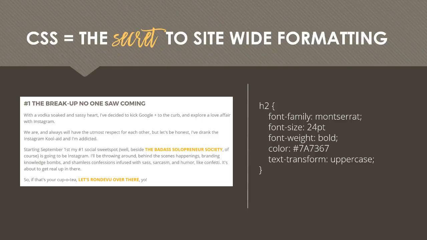Chrome, Firefox, Explorer, all of them, they have, let's say, different default paragraph text, different default H1 font families, and so on. So when you apply CSS, the browsers know exactly how to display it, and it will look the same across the internet.